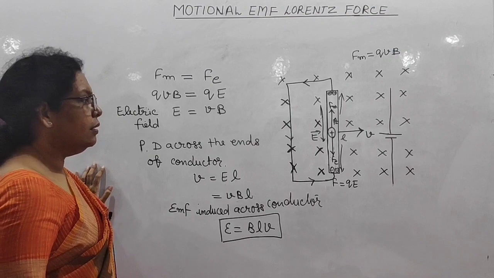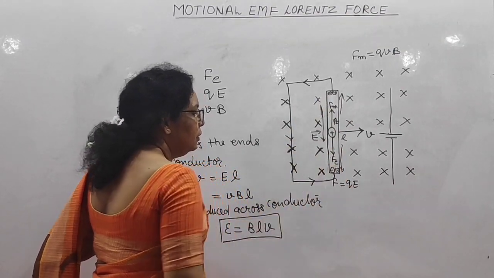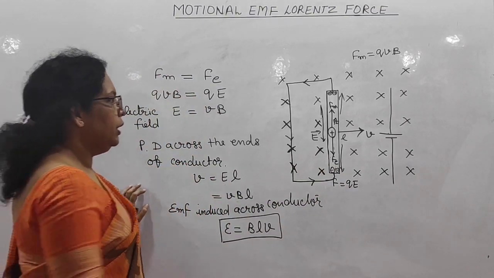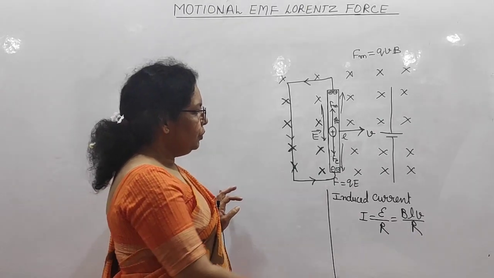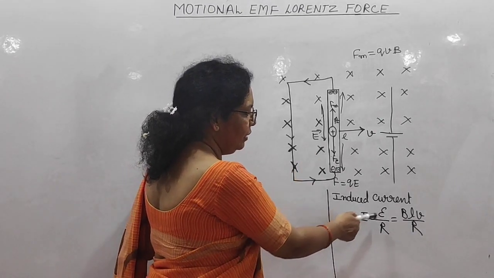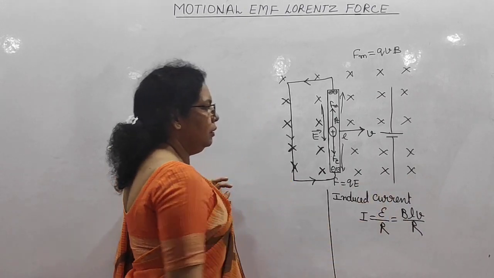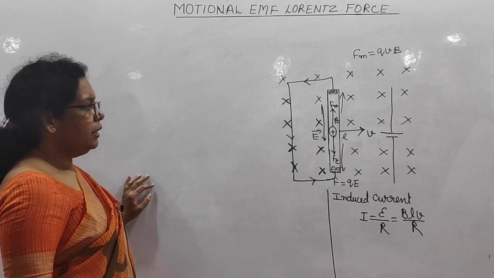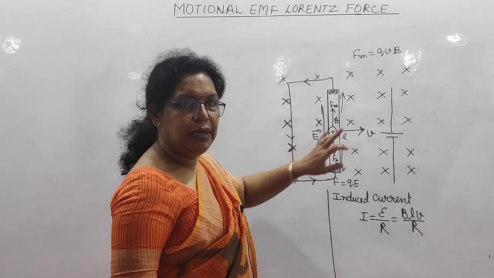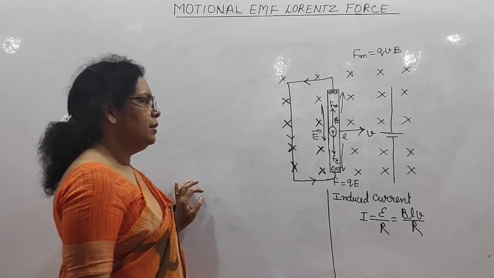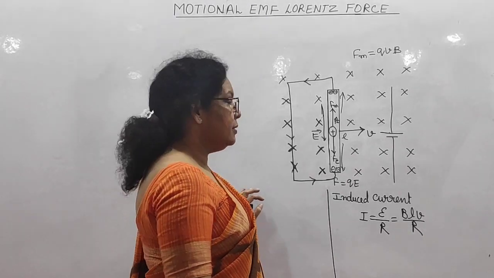So how much will this current be? Let the resistance of this conducting rod be R. The induced current we can find with this formula: I equals E upon R, equal to vBL upon R. Now one interesting thing is that when a current carrying conductor is placed in a magnetic field, it will experience a force. In which direction? Let's see.